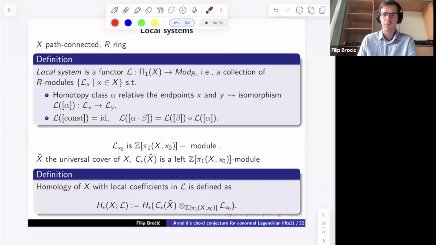This is a left module over the group ring of the fundamental group, where we have the action by deck transformations. The homology with local coefficients is then the homology of the chain complex of the universal cover, tensored over the group ring with the fiber of the local system L_x0.